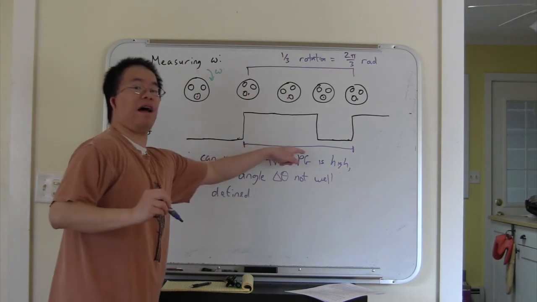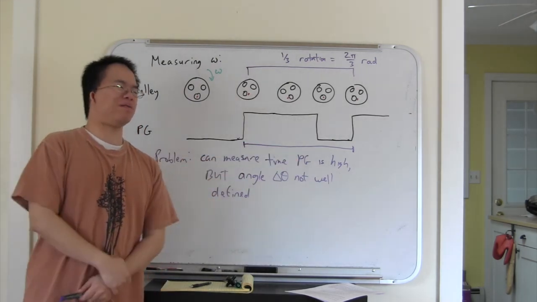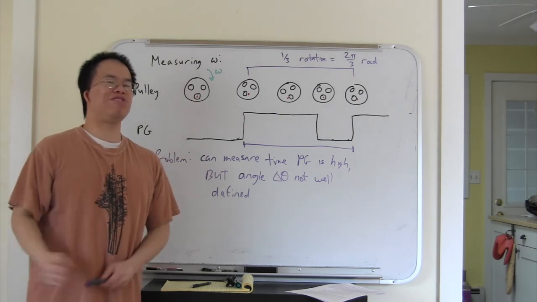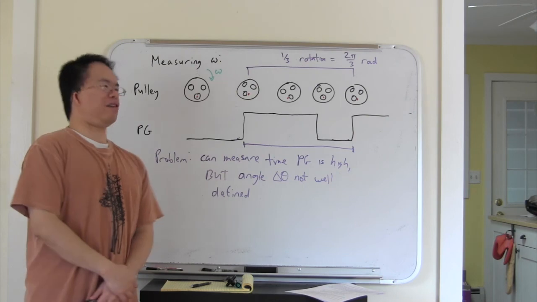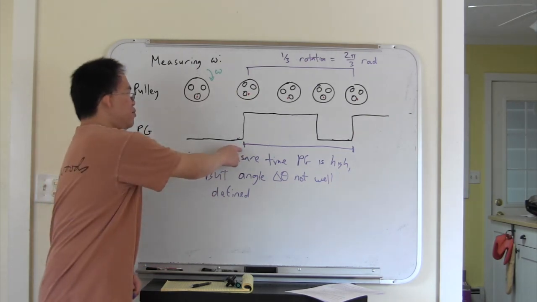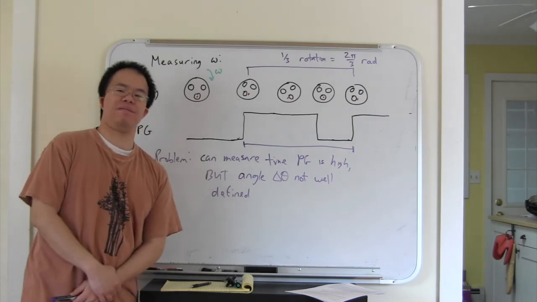We want to measure that. Let me give you a moment to think about what might be a useful circuit element that we've talked about before that could do this, namely measure between this rising edge and the next rising edge.